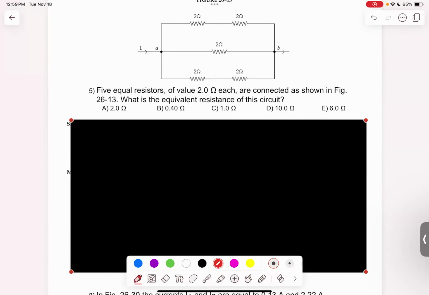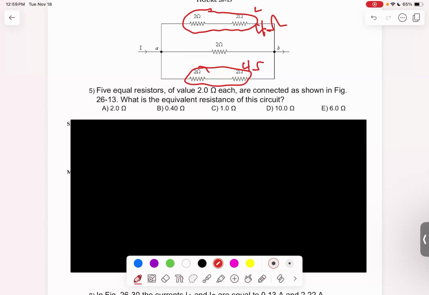I'll do a little bit of work off to the side here because I think most of you will probably understand how to get equivalent resistors that are in series. So those two combine to make a 4 ohm resistor. So there's a 4 ohm resistor. And down here, we're going to make another 4 ohm resistor.